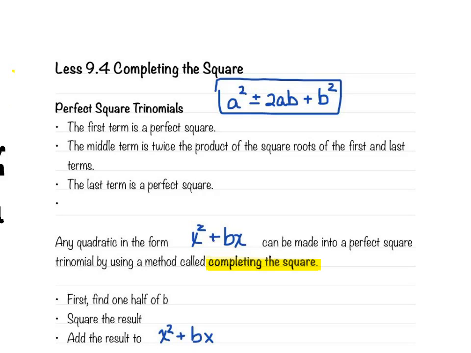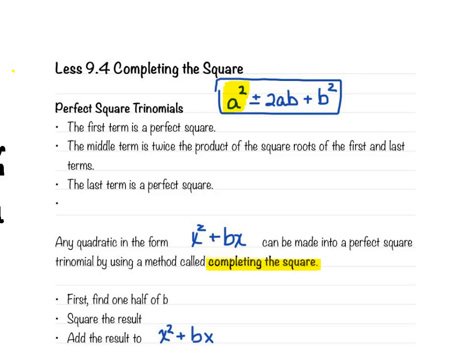You may recall in Chapter 8, we learned certain patterns. One of the patterns that we learned was the perfect square trinomial. The perfect square trinomial pattern is a squared plus or minus 2ab plus b squared. Notice that in a perfect square trinomial, the first term is a perfect square.